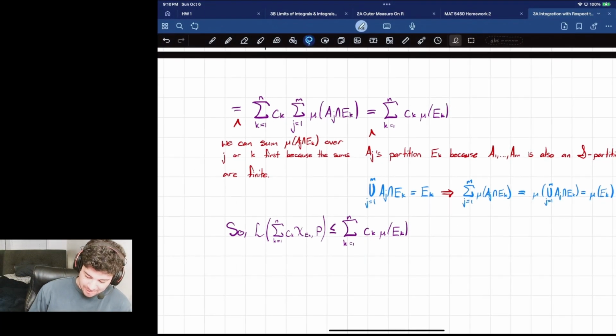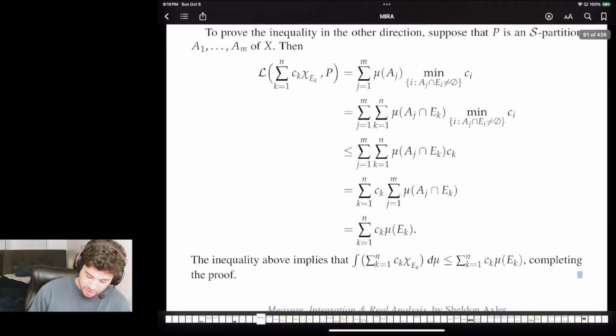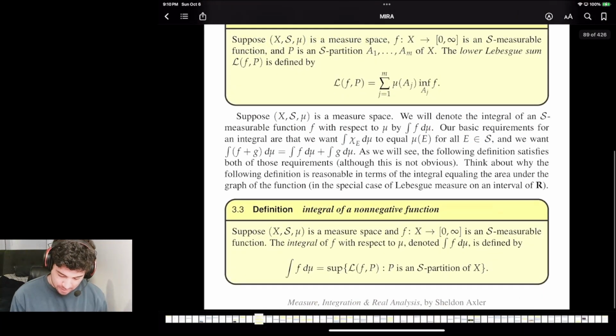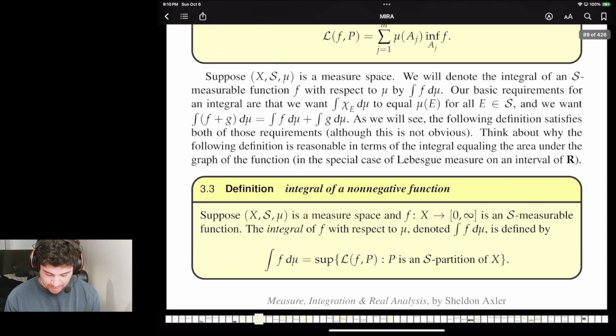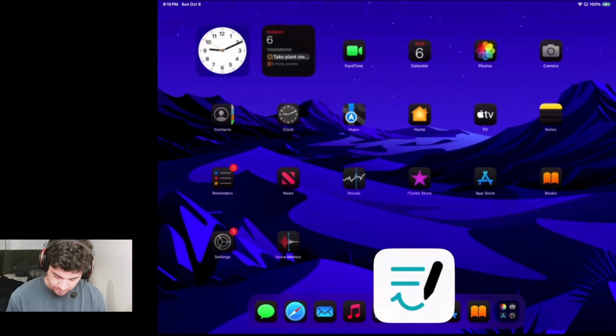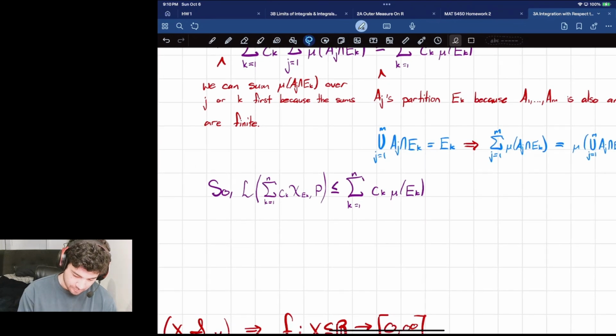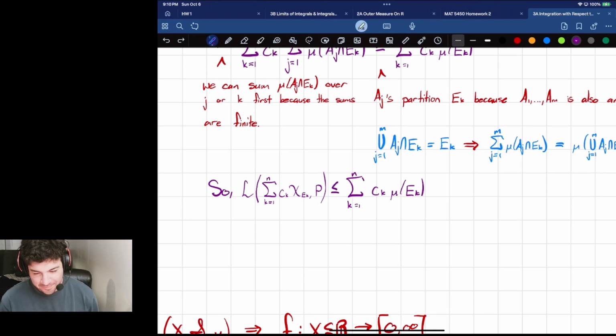Okay, so we got this. And then the definition of the integral depends on the supremum of the lower Lebesgue sums. So... Okay.